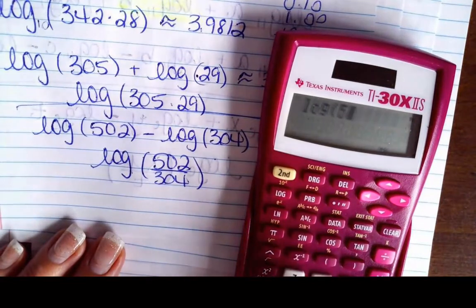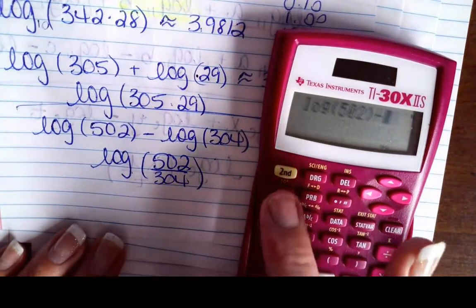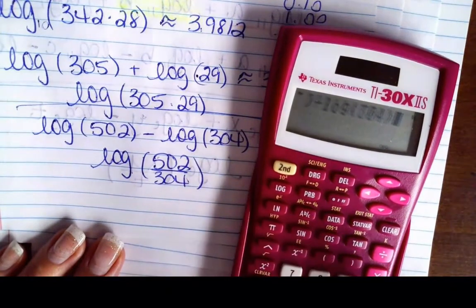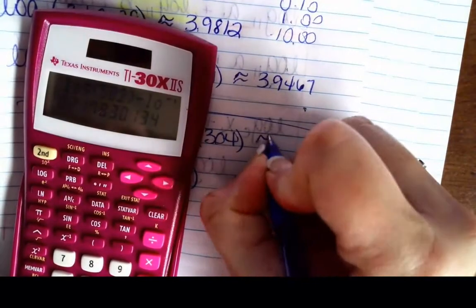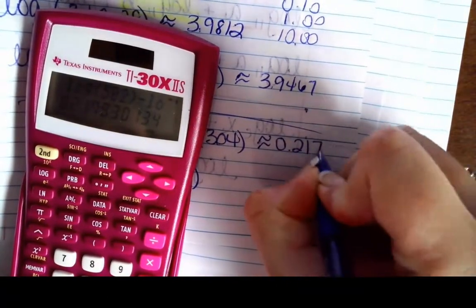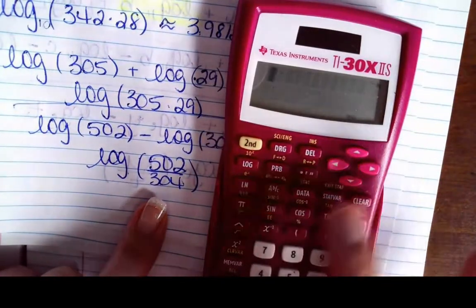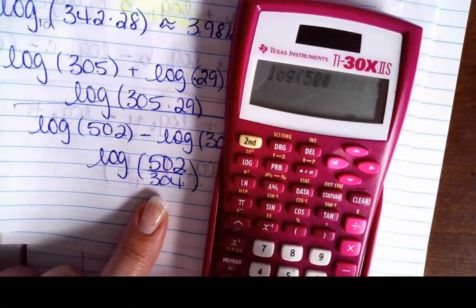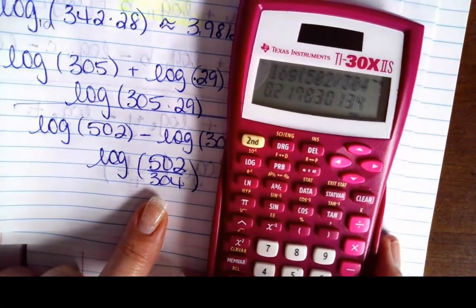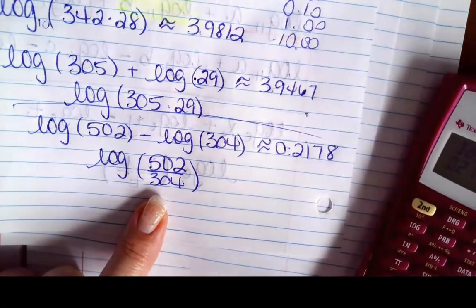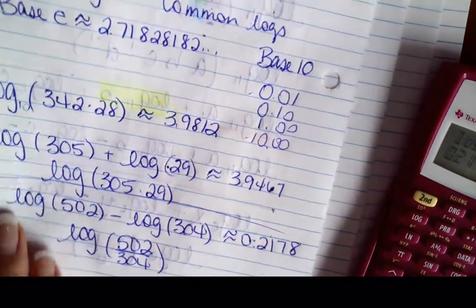I get the common log of 502, close the argument, minus the common log of 304, close the argument, and I get 0.2178. What happens if I had condensed first? If I'd condensed first, then the log of 502 divided by 304 is that exact same answer, 0.2178. It really depends on how you want to enter it.